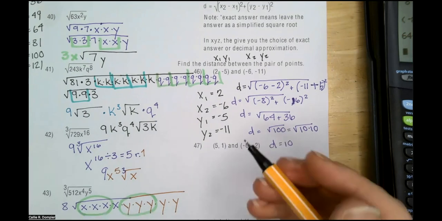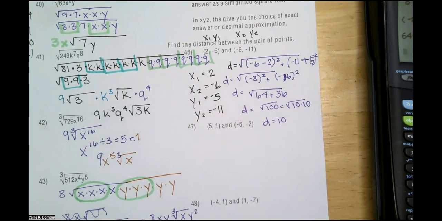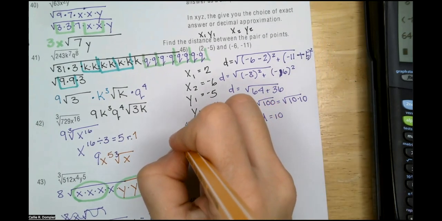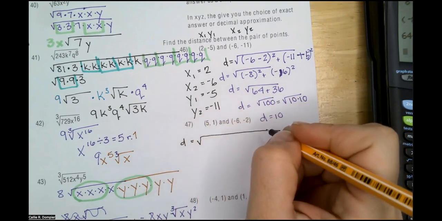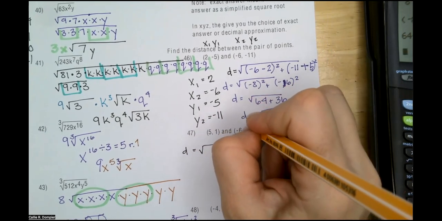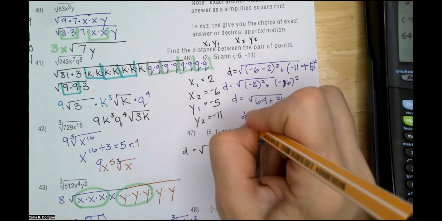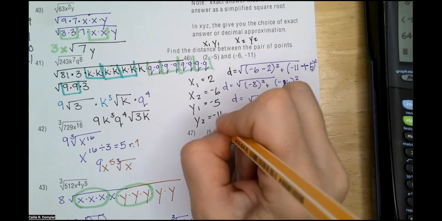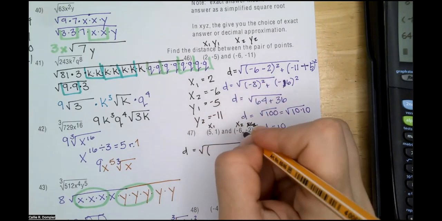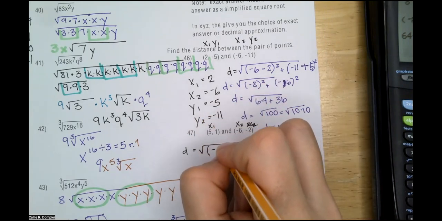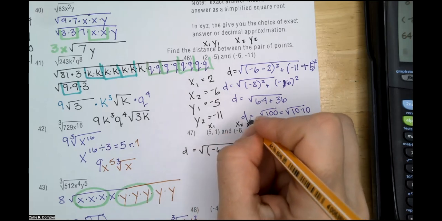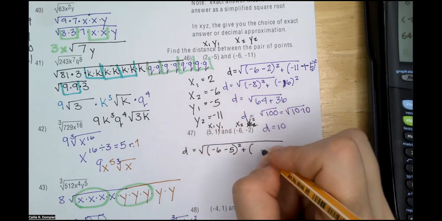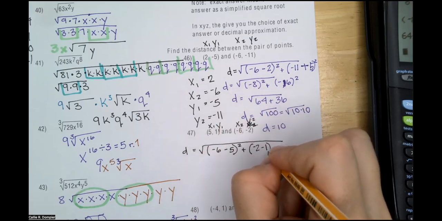Good. All right, 5, 1, and -6, -2. So it's x2 minus x1. Nope, that's y. x2 minus x1, -6 minus 5 squared plus y2 minus y1, -2 minus 1 squared.